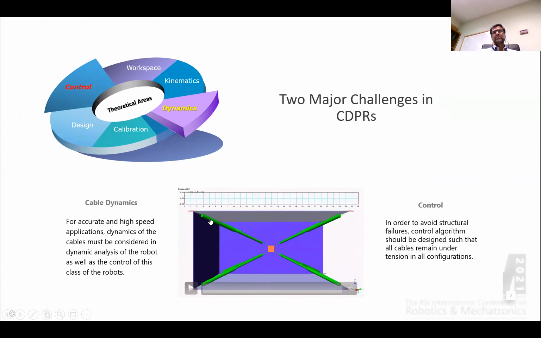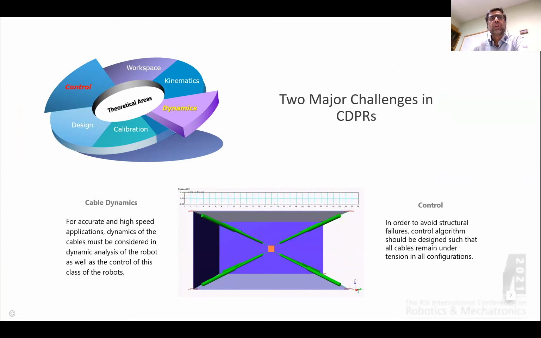In this presentation, two major challenges in CDPRs are considered. Among the CDPR challenges, dynamics and control, in my opinion, are crucial ones.